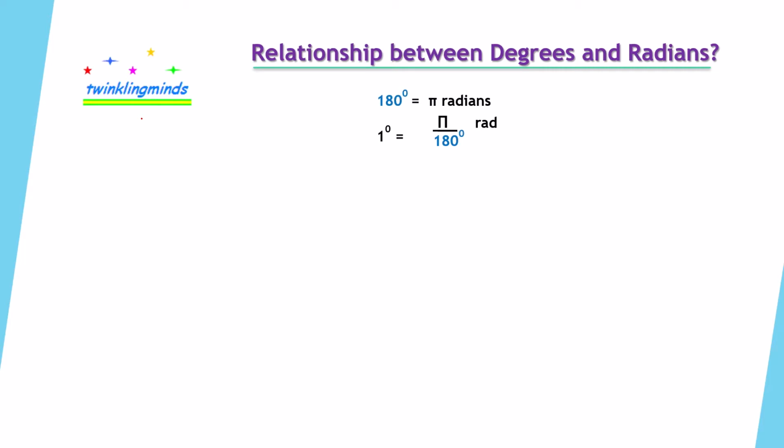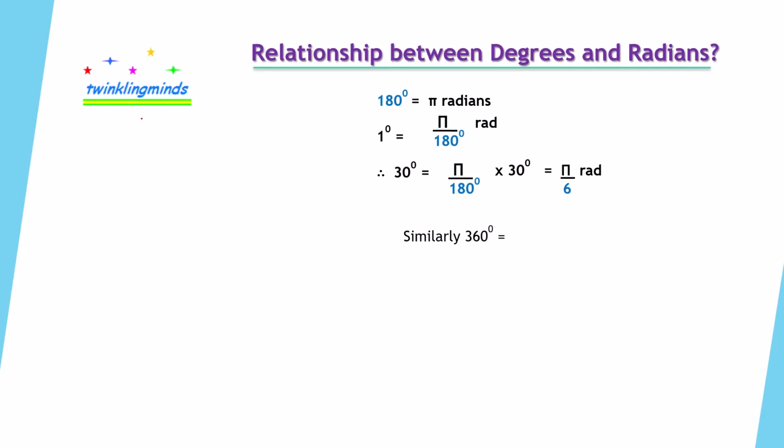Okay, now what will be the value of 30 degrees in radians? Pi divided by 180 multiplied by 30, because 1 degree is pi by 180. So multiply pi by 180 with 30 degrees. So the value is pi by 6 radians.